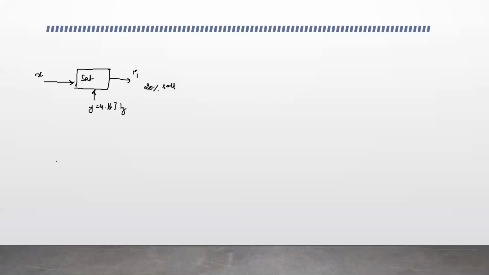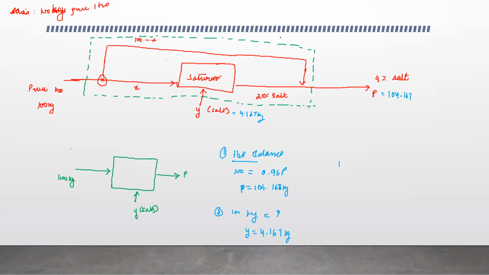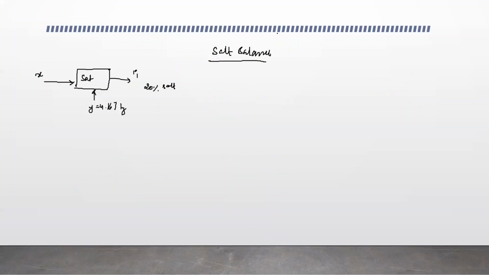Now I'm going to do a salt balance. We've almost completed the material balance, so you should be clear why we're doing the salt balance here and why we didn't do it earlier. You should be clear about these tactics for solving a material balance problem.